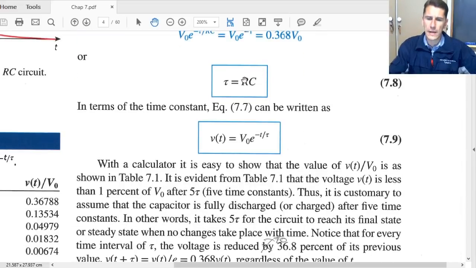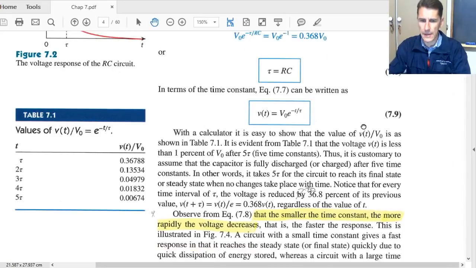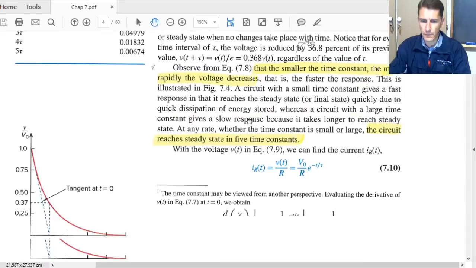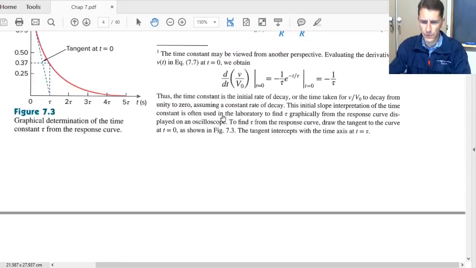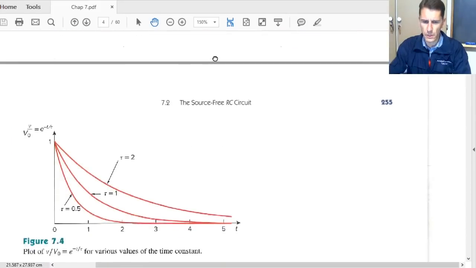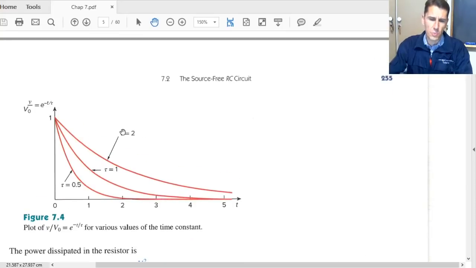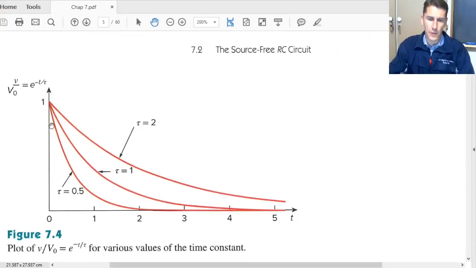Okay. What if we change the R or the C value to make this tau value bigger or smaller? So that picture is on the next page of your textbook, figure 7.4. So the smaller tau gets, the quicker it decays. For tau equals 1, it takes 5 time constants.